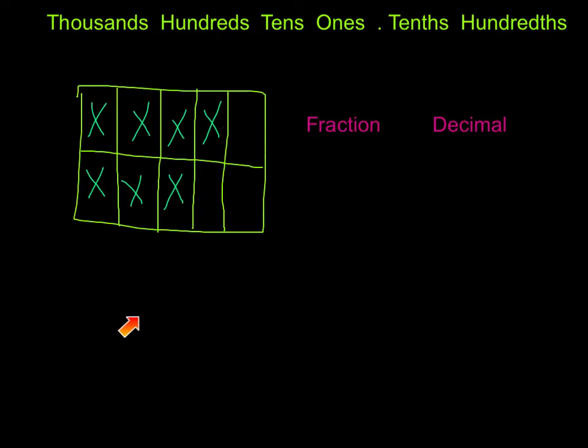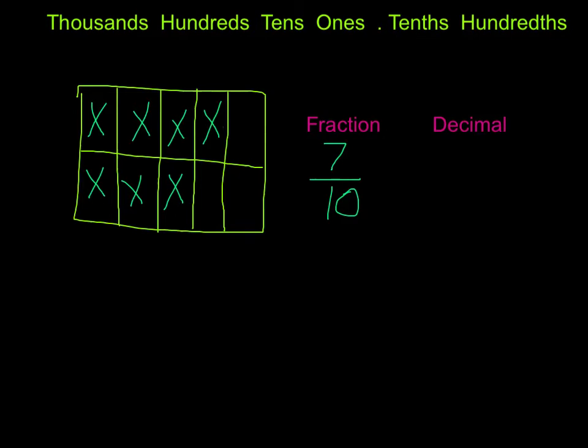So as a fraction, we would write this as our denominator would be 10 because we have 10 sections. And our numerator would be 7 because we have 7 that are shaded, or 7 x's.